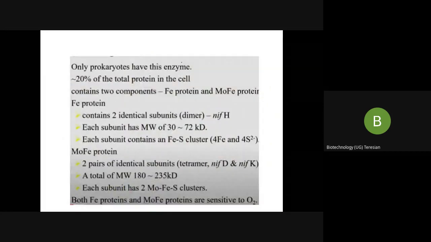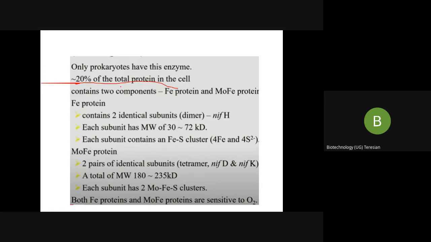So if you come here, we have written this. This nitrogenase enzyme is present only in prokaryotic organisms, and 20% of the total protein in the prokaryotic cell is made up of this enzyme.